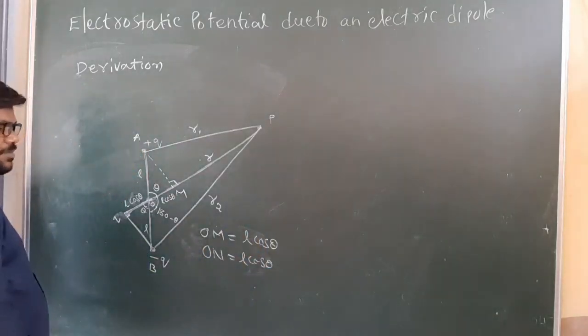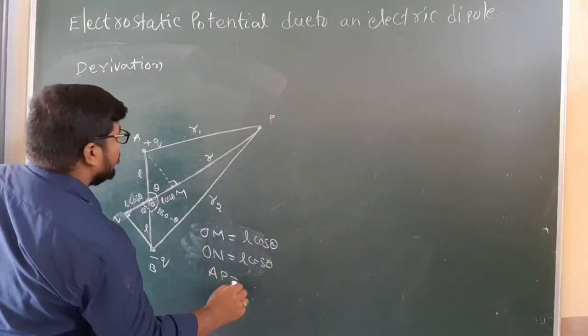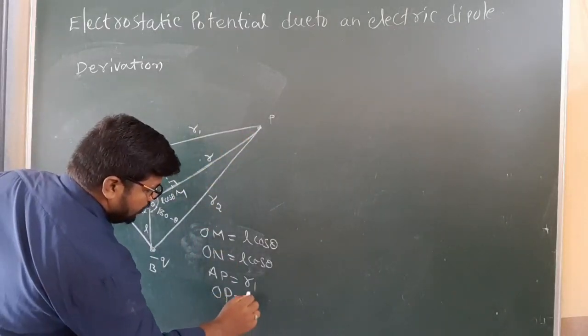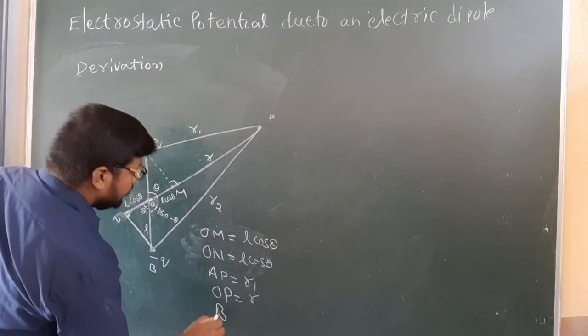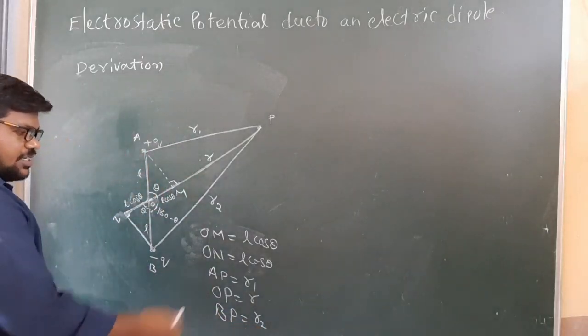So remaining, my dear children: A to P is r1, OP is r, then BP is r2. Okay, these are the terms.